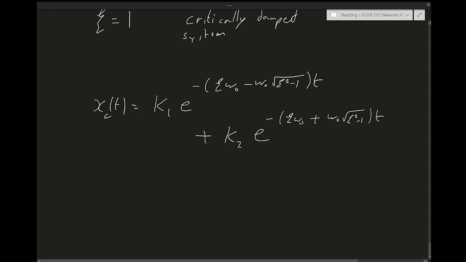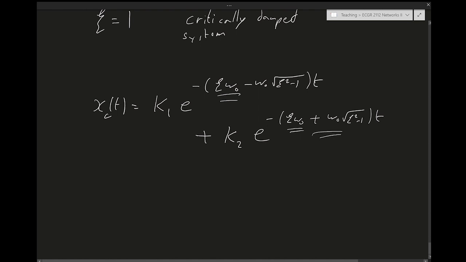So the response is a combination of two exponential functions. So you have two exponential decay functions, you add them together, and that gives you the total natural response, right? Their average is this value, and then this is decaying slightly slower than the other one by omega naught square root of zeta squared minus 1, and this is decaying slightly faster than the first one.